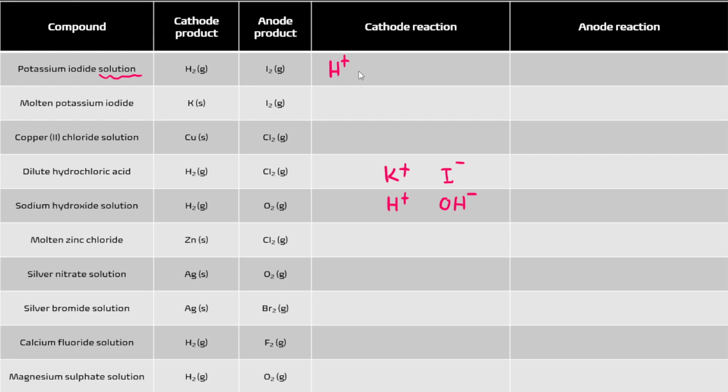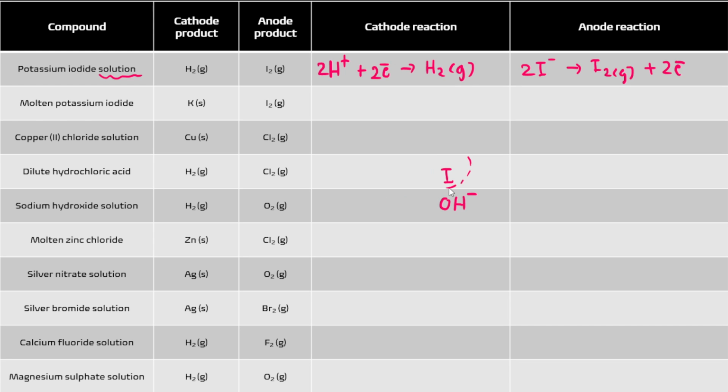So H plus aqueous plus electron will give us hydrogen gas. To balance the equation, we're going to multiply by 2. At the anode, between the halide and the hydroxide, halide is easier to oxidize, so we would get I minus reacts to give I2 gas plus 2 electrons, and balance the equation by multiplying by 2 on the left side.